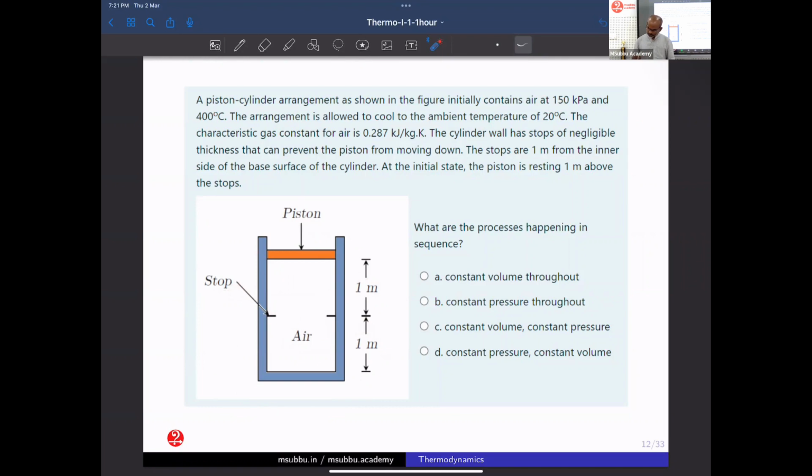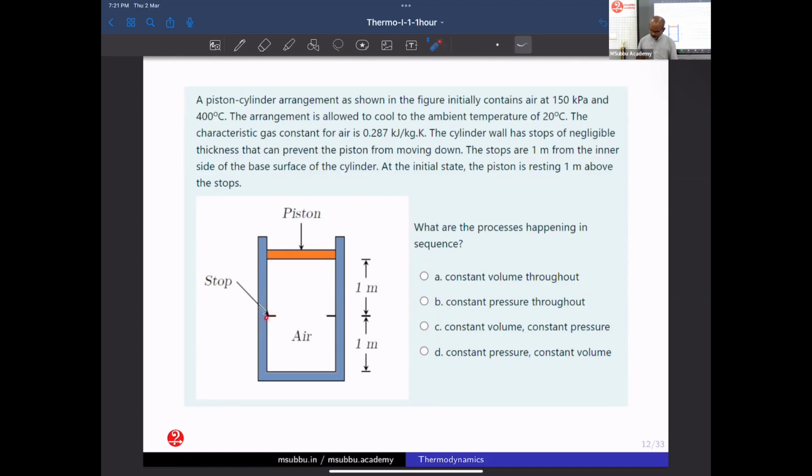The cylinder walls have stops of negligible thickness. There is a stopper that can prevent the piston from moving down. Of course, the piston will keep on coming down, and as and when it touches the stopper, it cannot go further down. This stopper is helping to arrest the movement.